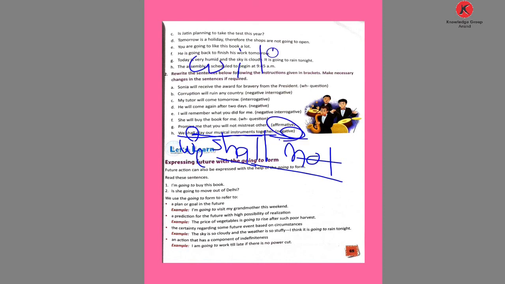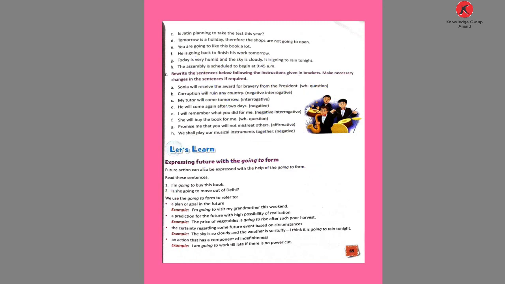After using will and shall, you use not, and this is how we make the negative structure. If interrogative, you can change the subject and auxiliary verb will or shall. I hope you understand about this exercise, and you must write this exercise in your notebook. Thank you.